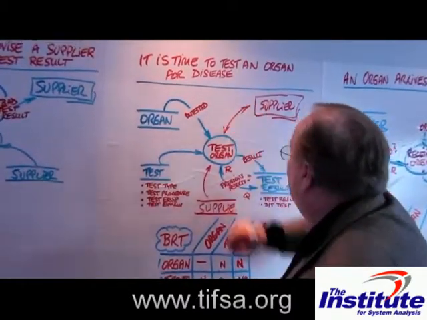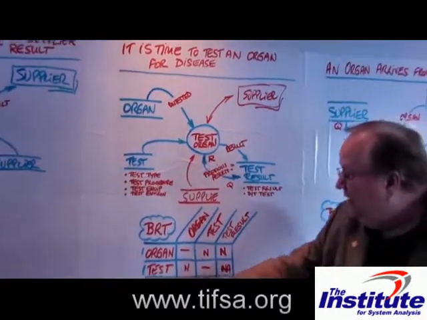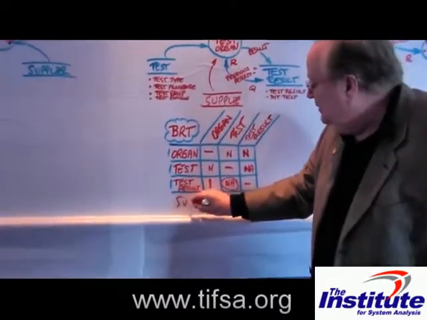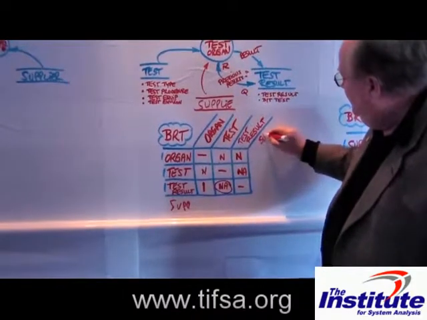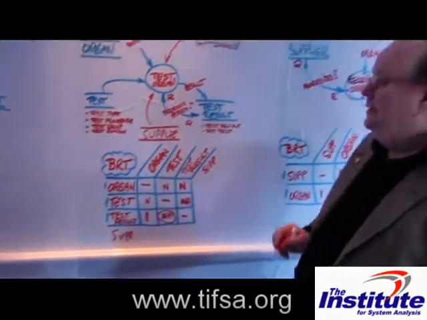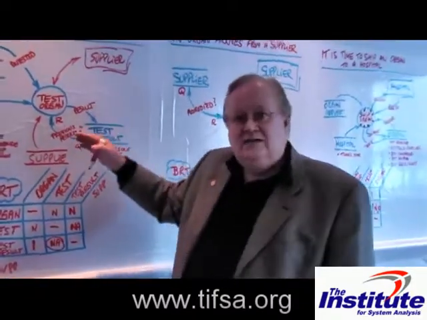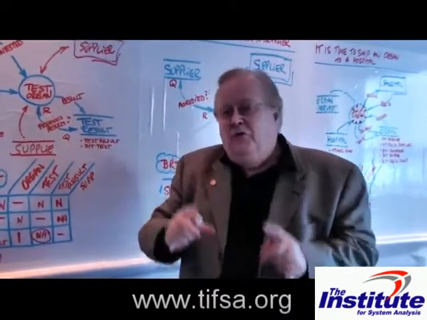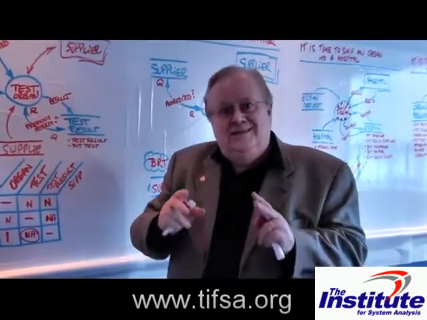And I'd have my dialogue there. But I also have to expand my table with supplier as well, like that. Now, could I put it here? Yes, I could. But I prefer to partition it and separate it.